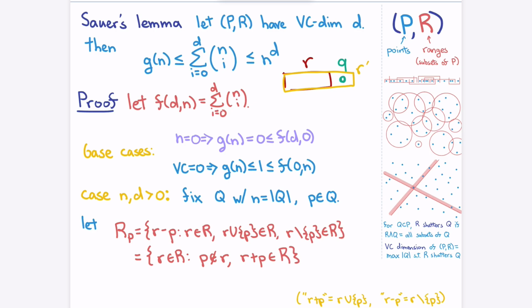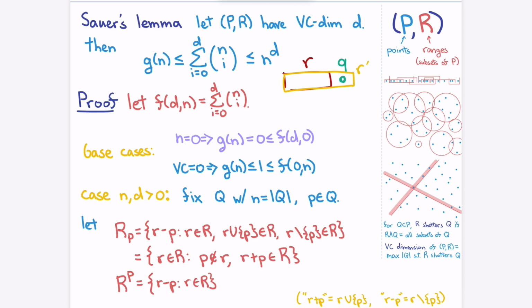And then the other set of ranges we're going to create: these are both going to be range spaces over a subset of points. I'm just going to take all the ranges in R and remove p. So this will give me two range spaces that all exclude p.